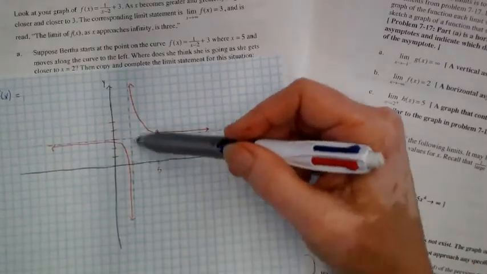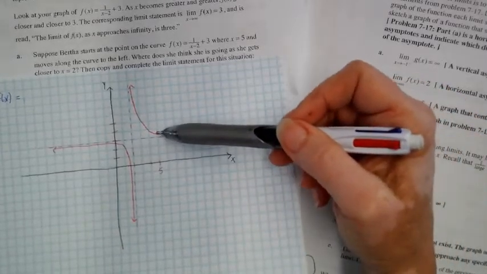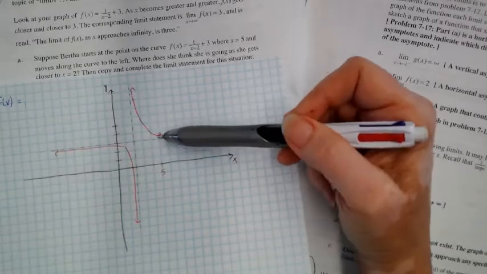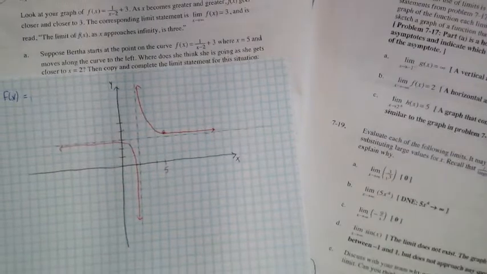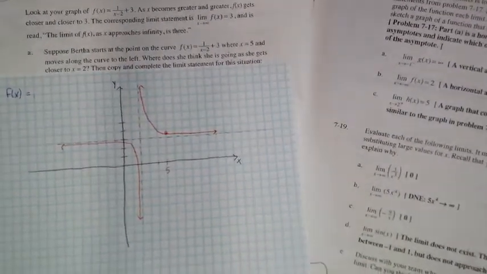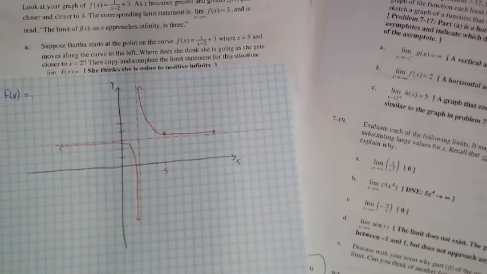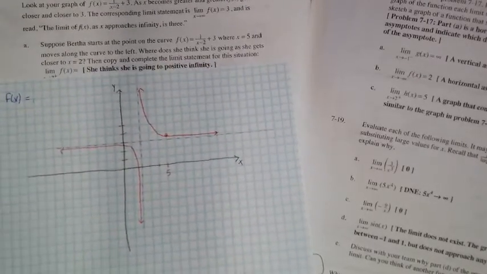That's the asymptote at x equals 2. So if she's going this way and getting very close to x equals 2, how high is she going to be? I think we can imagine that she's going to be infinitely high. Then it says, copy and complete the limit statement for this situation.